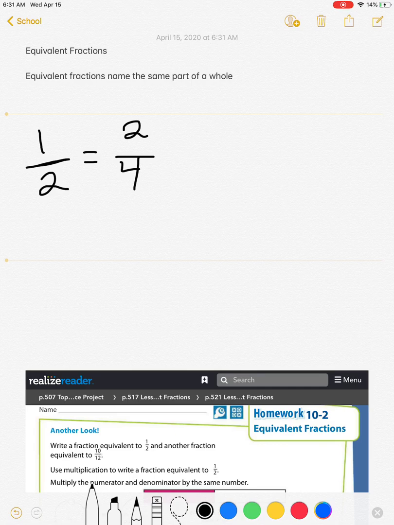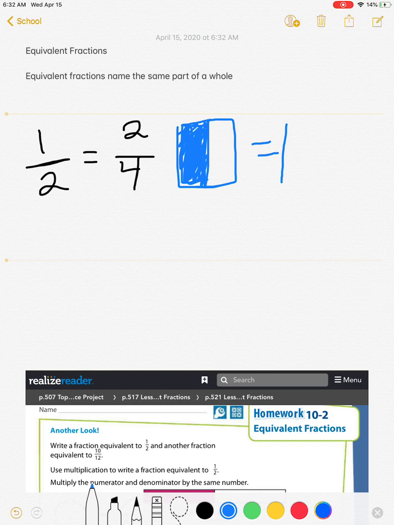We can also draw pictures to model. Here's 1/2. That's equal to, that's the same size as 2/4.